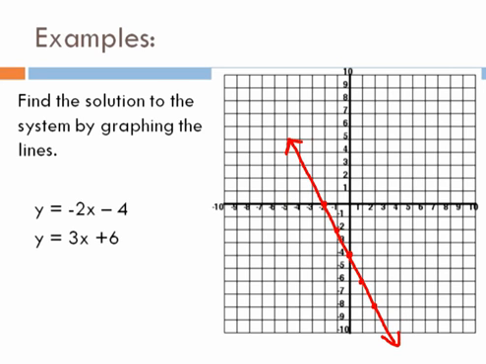Our next line I'll graph in blue. y equals 3x plus 6. Go up to positive 6, and the slope is 3, so I'll go up 3 and over 1, then I go down 3 and over 1 and keep this same pattern alive. And I'll graph this line as well by connecting all those dots with a straight line.